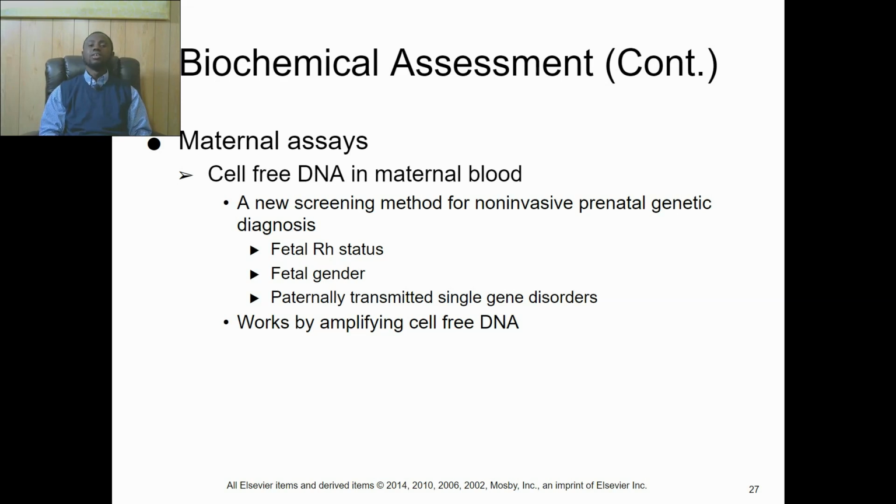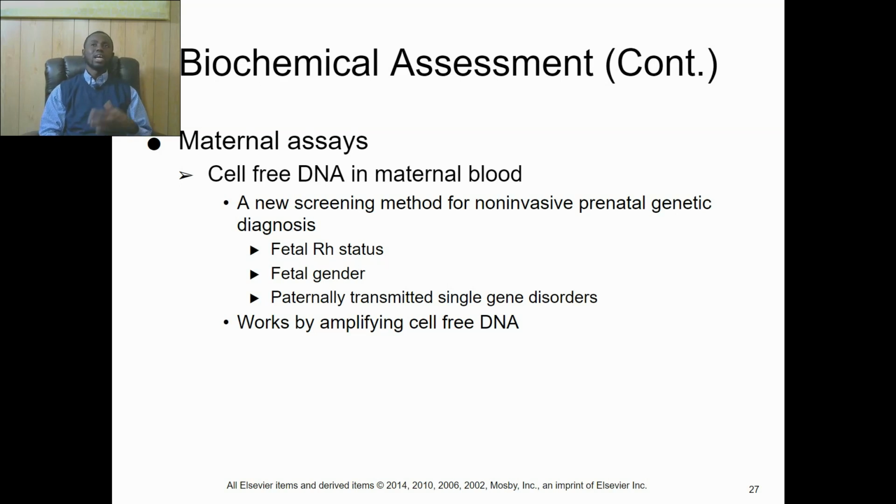The cell-free DNA test is simple to perform, and it is just done by a sample of maternal blood, which is obtained by venipuncture and sent to a commercial lab for analysis. It works by amplifying cell-free DNA, and women with positive cell-free DNA results are referred for amniocentesis or CVS to confirm the findings.